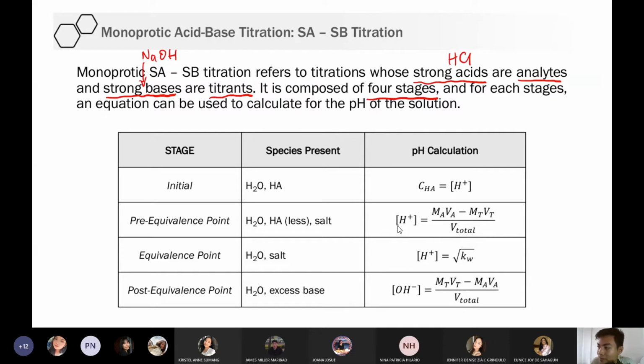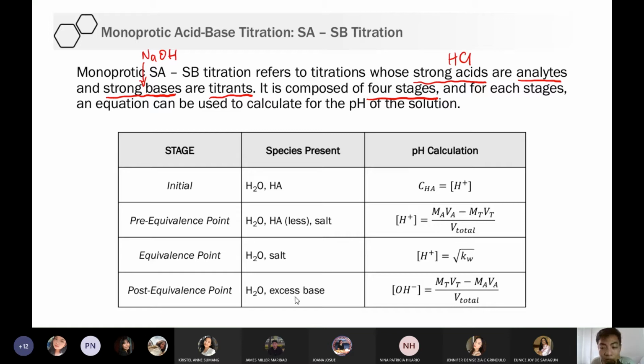Okay? Mapansin nyo, pinagbaliktad lang natin. Ito yung pre-equivalence. Ito yung post-equivalence. Bakit? Kasi at pre-equivalence, meron tayong acid. At post-equivalence, meron tayong base. Okay? So, kung gusto mo malaman yung acid, mole acid minus mole base divided by total volume yon.